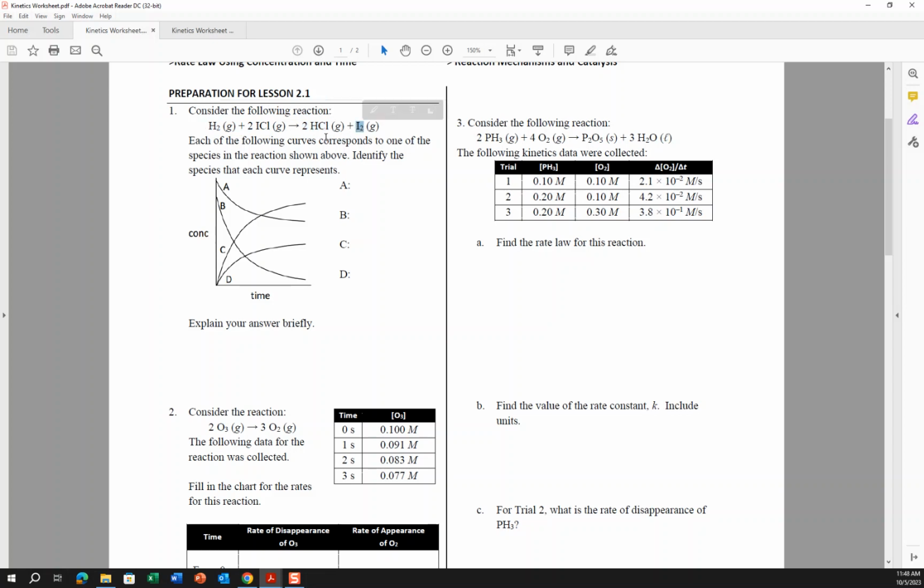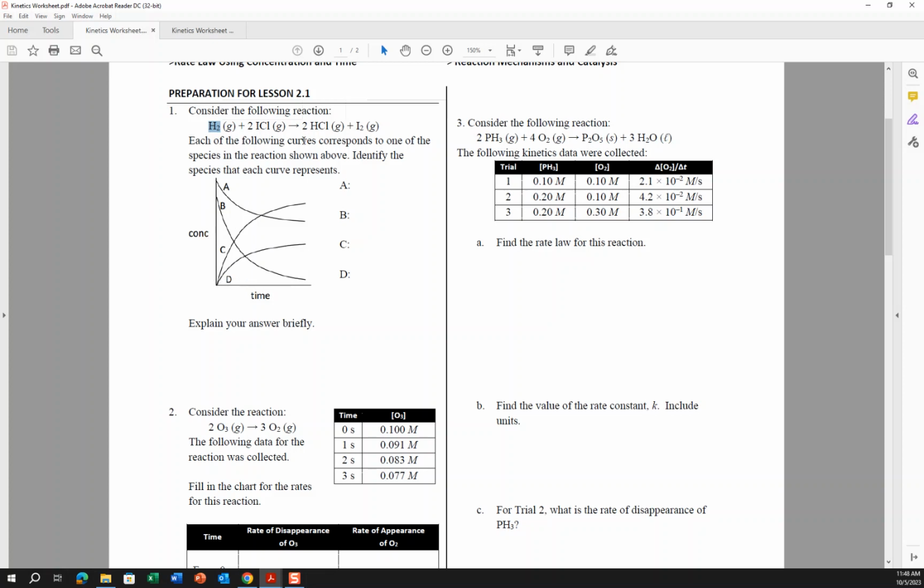So if I know how fast this is forming, it's a little bit of stoichiometry to figure out how fast that is forming. If I know how fast this is disappearing, then all I have to do is multiply by 1/2, and that'll tell me how fast that's disappearing. In this question, we have curve A, curve B, curve C, curve D, and it's concentration versus time.